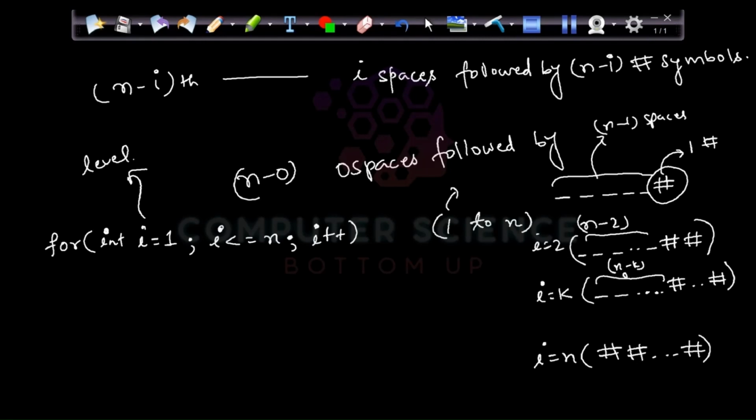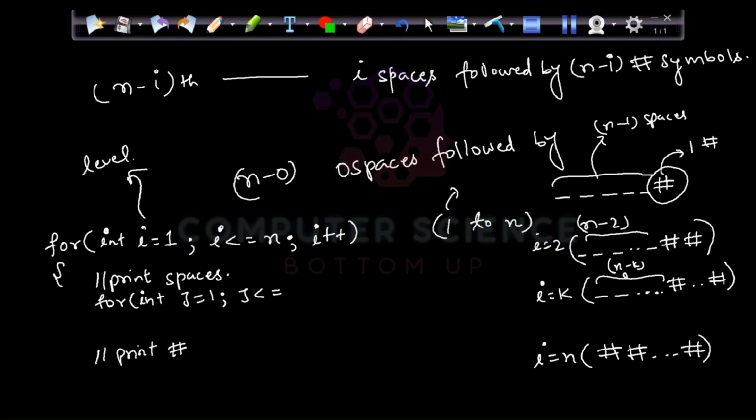You have to populate a level with spaces first. We will print spaces first, and after the spaces are printed, then I will print hash. I will write the code to create spaces: for int j equals 1, j less than or equal to n minus i, j plus plus, I will cout spaces.